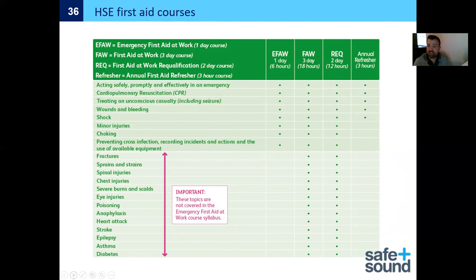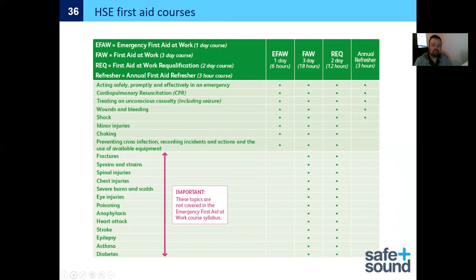The HSE, the regulators for first aid, the Health and Safety Executive, describe what training people must have for first aid. What they state is everyone should do an emergency first aid at work course, which is a one-day course, minimum of 6 hours. You do the first aid at work course, 3-day. And down here, it shows you the syllabus of what's covered on there.